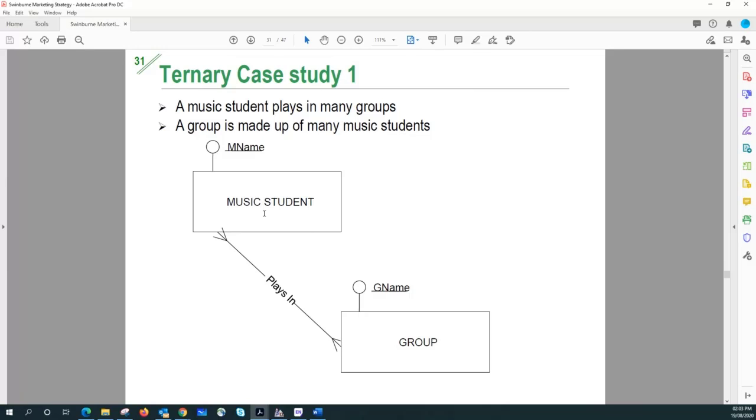So there is a many-to-many relationship between the student and the group. The group is another entity, and I take the group name as a primary key because no two groups have the same name.